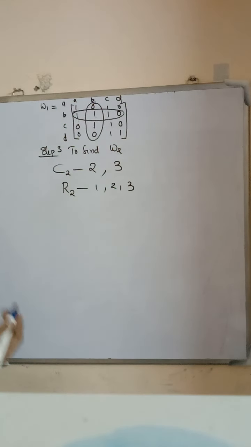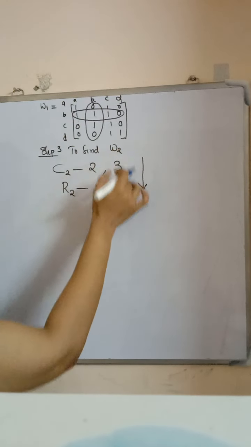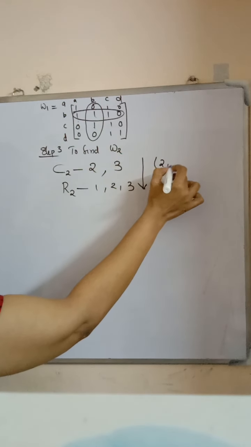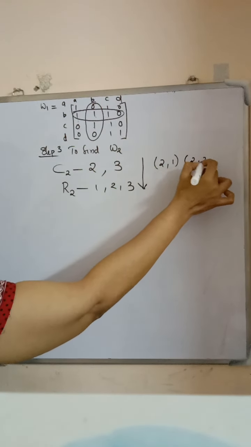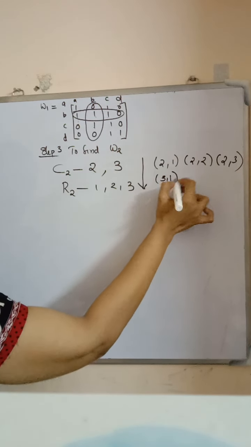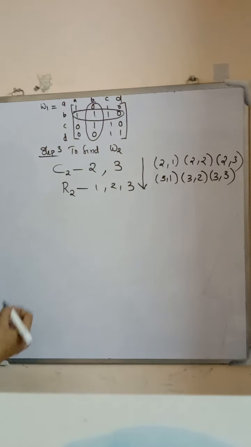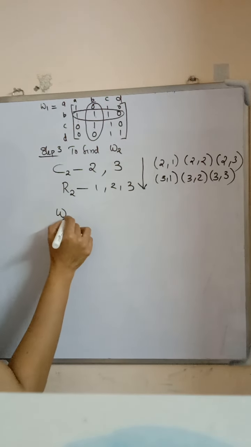So the new positions of 1 are, taking the ordered pairs downward, 2,1, 2,2, 2,3, 3,1, 3,2 and 3,3. Now we write W2.